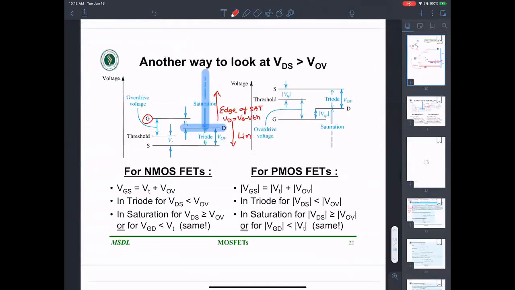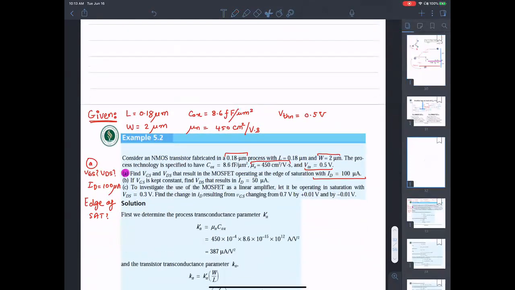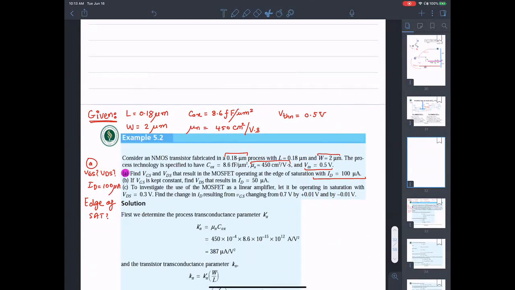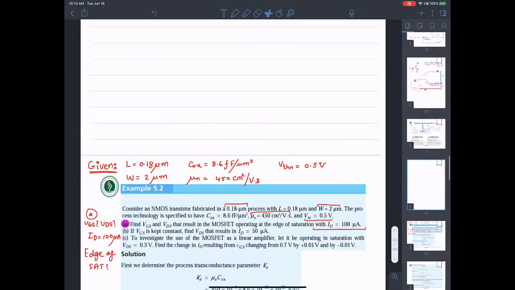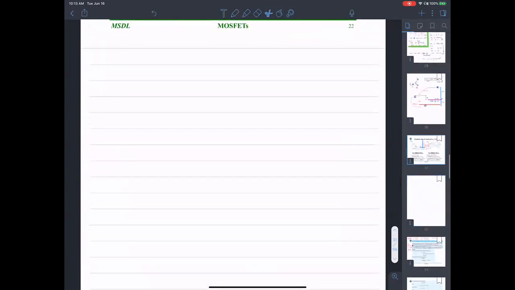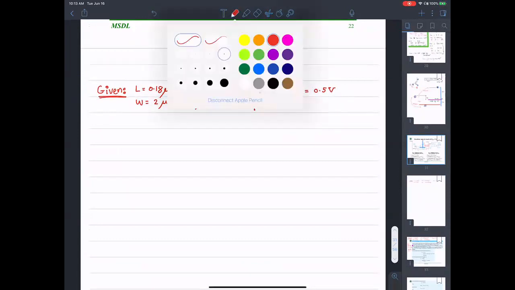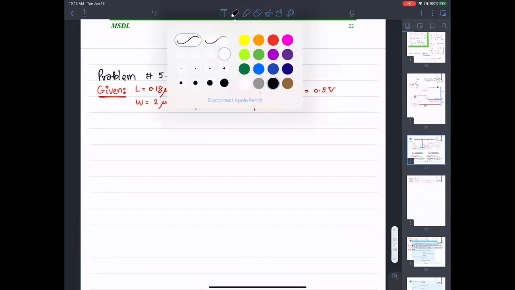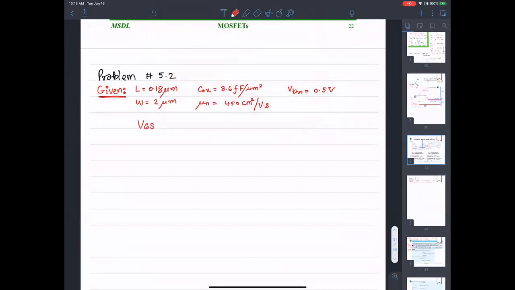Okay, so let me copy the information that's given to us, and paste it over here. Problem number 5.2.